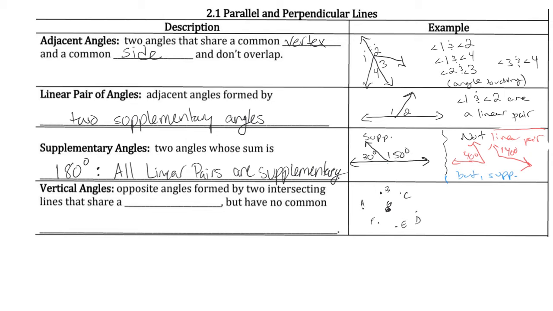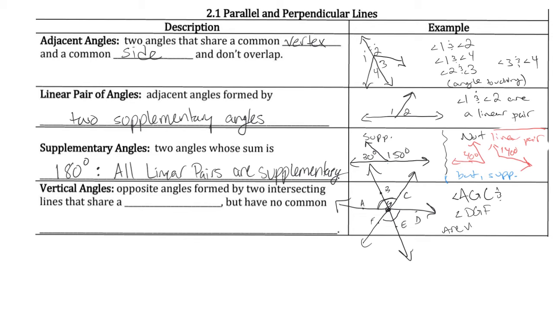I'm not sure why the lines went away, but I'm going to redraw them. And then I'm going to mark angle AGC, so this one right here is a vertical angle with angle DGF.